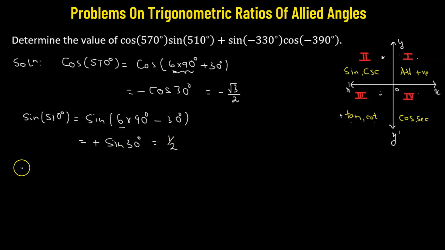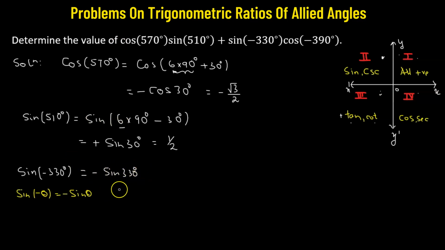Now coming to the 3rd one, we have sine of negative 330 degrees. Here we will be using the fact that whenever we have sine of negative theta, we can express it in terms of its allied angle, positive theta, as negative times sine theta. So using this fact, we get negative sine 330 degrees.